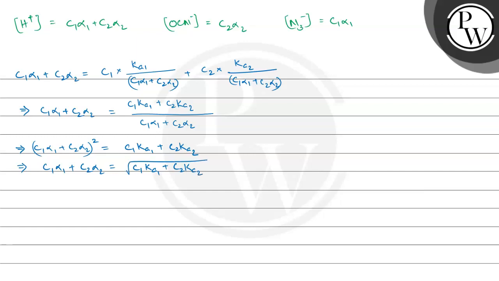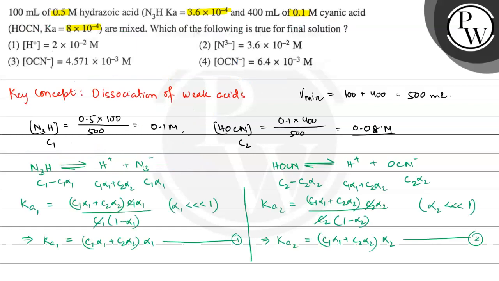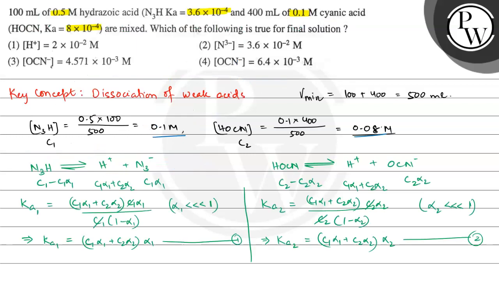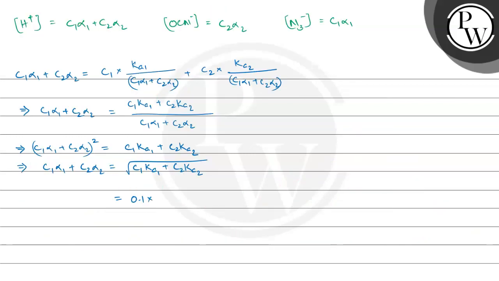Alright, and this is the concentration of H plus. So if we determine its value, C1 is 0.1 molar and C2 is 0.08 molar. So 0.1 multiplied by Ka1, that is 3.6 multiplied by 10 raised to the power minus 4, plus C2, that is 0.08 multiplied by Ka2, that is 8 multiplied by 10 raised to the power minus 4, and its square root.